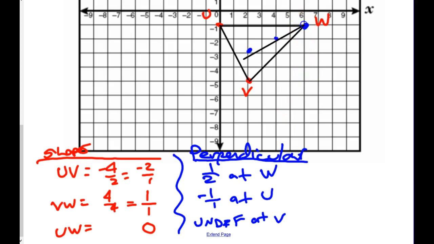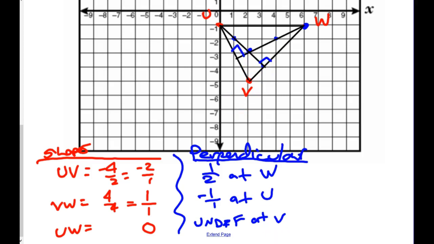It goes from here through there, and we know that it makes a right angle. And then starting at U, it goes negative 1 over 1: down 1, right 1, down 1, right 1, down 1, right 1. And so once again, we can make our altitude. And we know it makes a right angle right there.